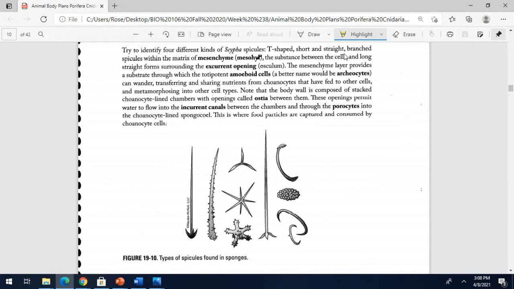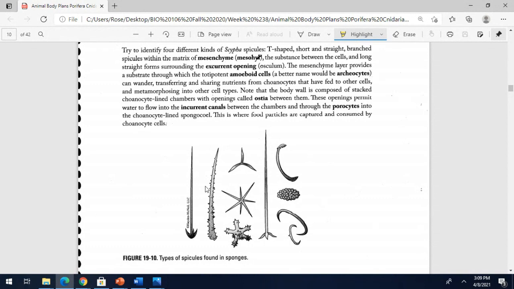They have T-shaped, short and straight branched spicules, or matrix of mesohyl or mesenchyme. As we say, excurrent means the water gets expelled out through the osculum. Amoeboid cells are called archaeocytes or amoebocytes, so these are interchangeable.